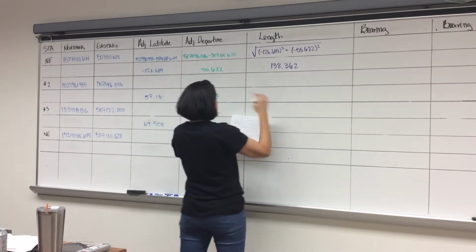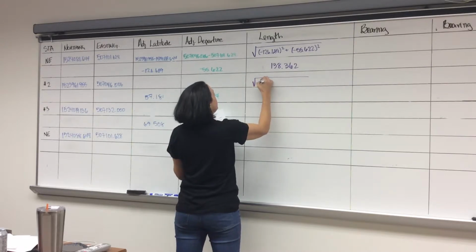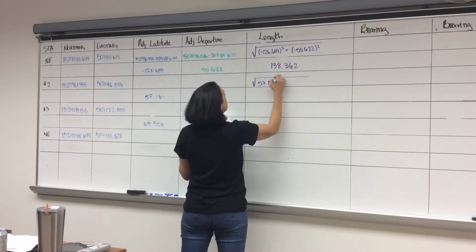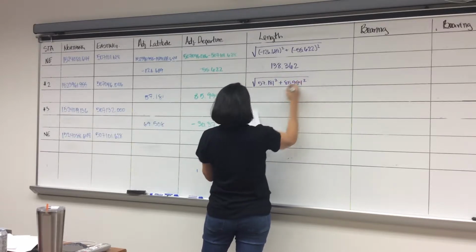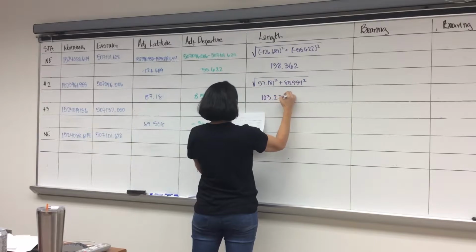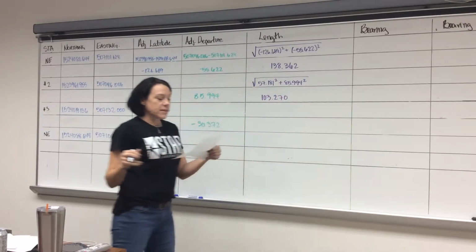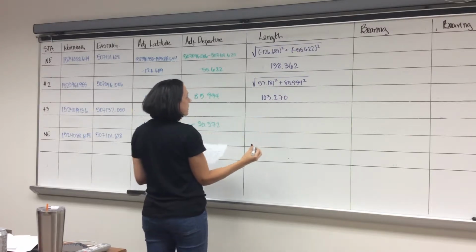So the next one would be the square root of 57.181 squared plus 85.994 squared. That's going to give me 103.270. The original one was 103.285. Still not much difference.